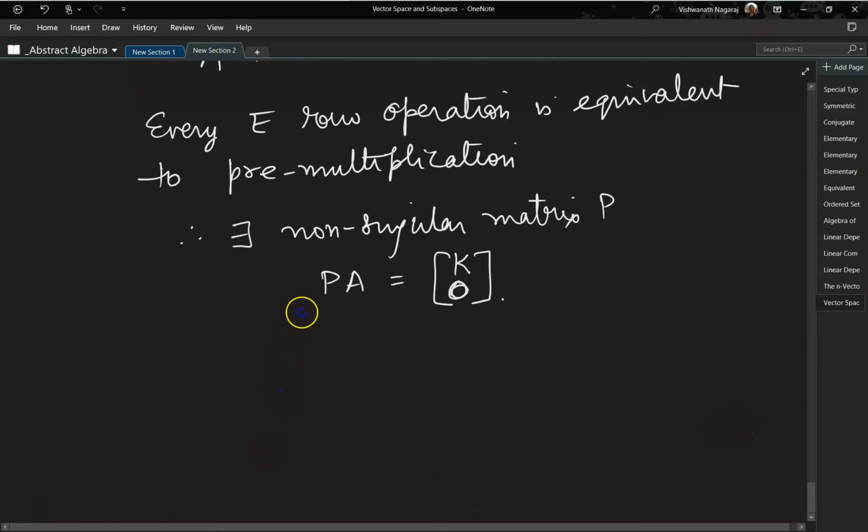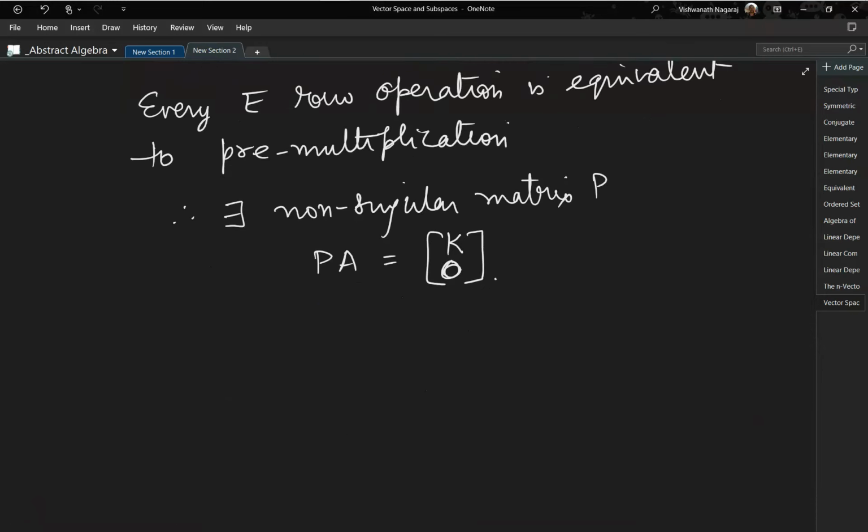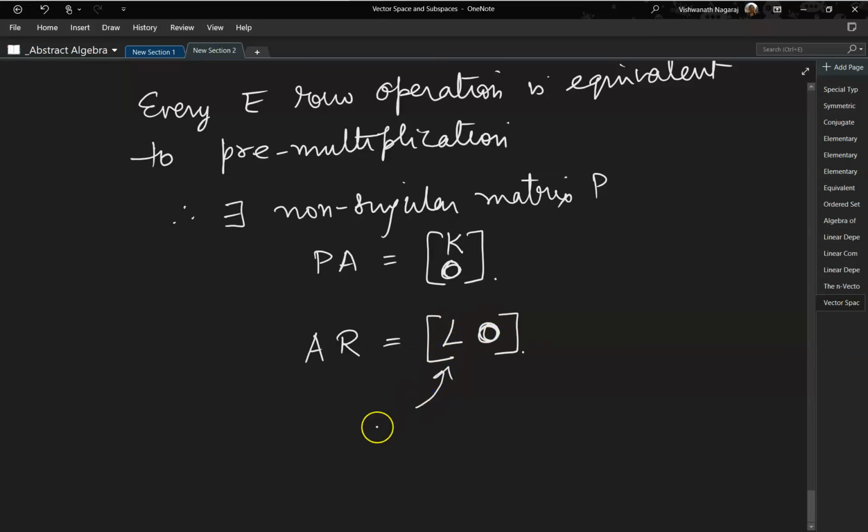Now, instead of doing row operations, we could also do column operations. In which case, what will we have? Since we are talking of column operations, we will have AQ, post multiplication, equal to [L 0], where the first r columns are the columns and the remaining are zeros.